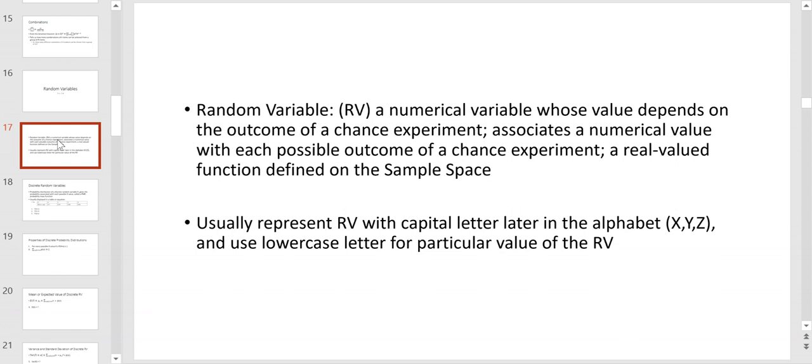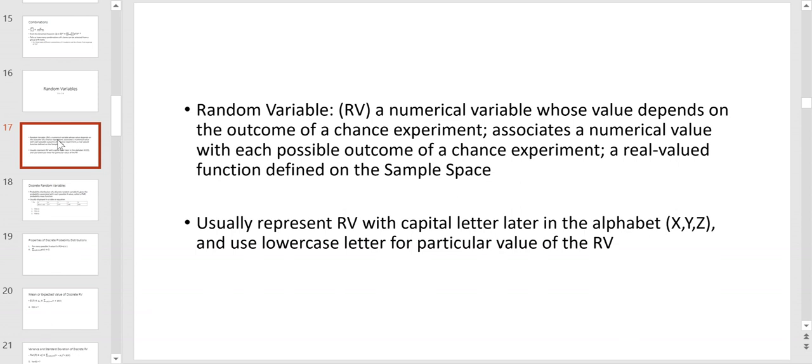A little bit about notation. Most introductory textbooks don't do a lot to distinguish capitals and lower cases, but when you're dealing with random variables in more intermediate and advanced probability texts, you will notice that random variables are capitalized, and we tend to use letters from late in the alphabet.